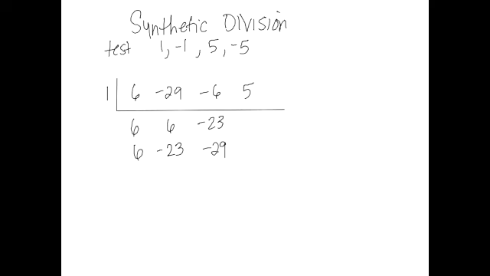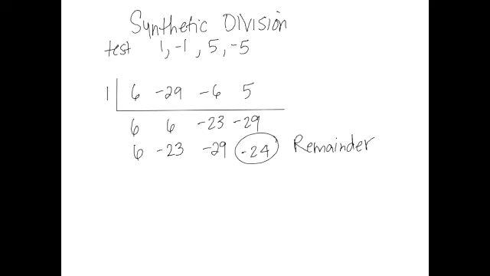And then negative 29 plus 5 is negative 24. Okay. So we got a remainder here. Because we got a remainder, that means that 1 is not a root. Because it has to be a 0.